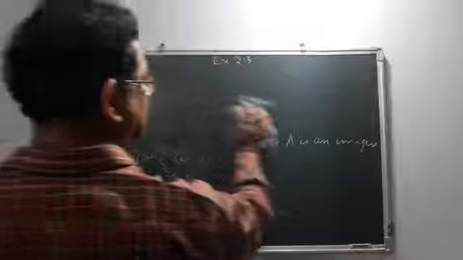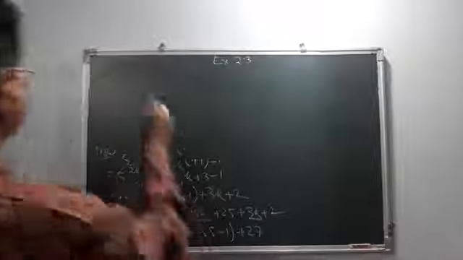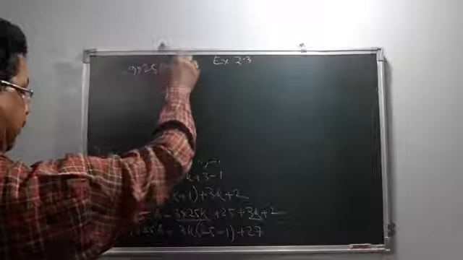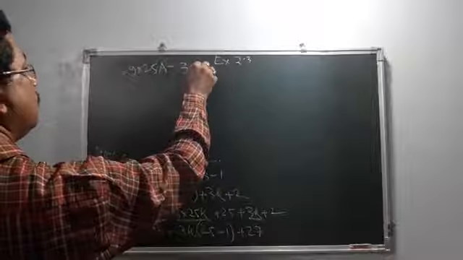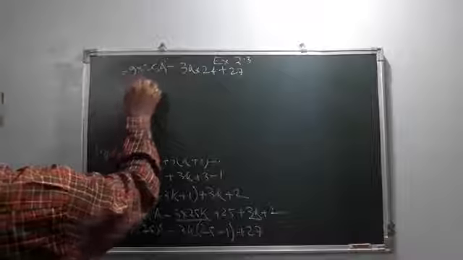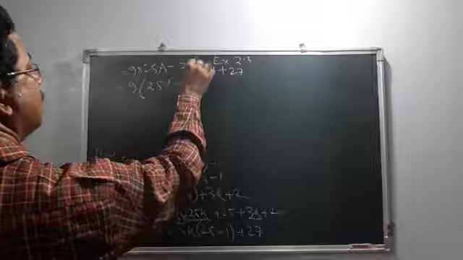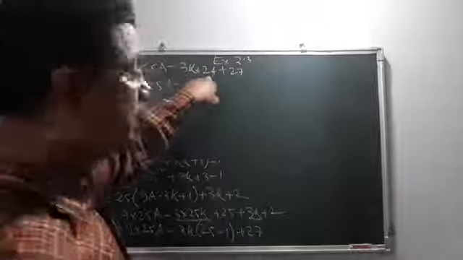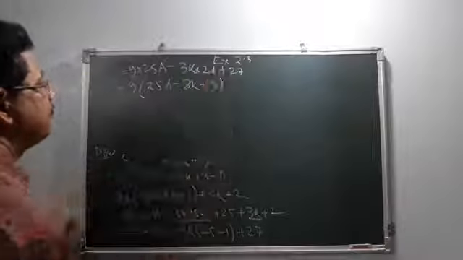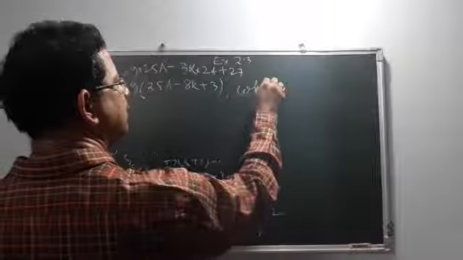So from here we can write 9 into 25a minus 3 to the power k into 24 plus 27, and we can take 9 common: 25a minus 3 to the power k, here 3 into 8, so minus 8 into 3 to the power k plus 3, so 9 into something, which is definitely divisible by 9.